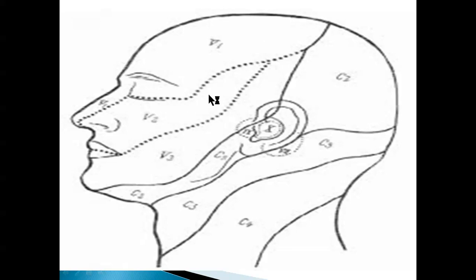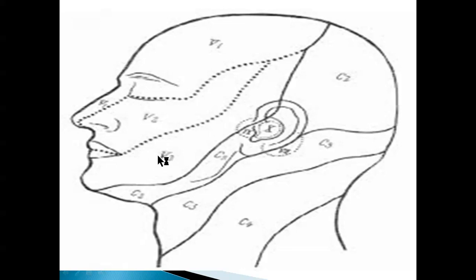Then V2 over here and V3 over here, which is the mandibular branch of the trigeminal. This is your maxillary, and this is your ophthalmic. Ophthalmic and maxillary are both sensory.